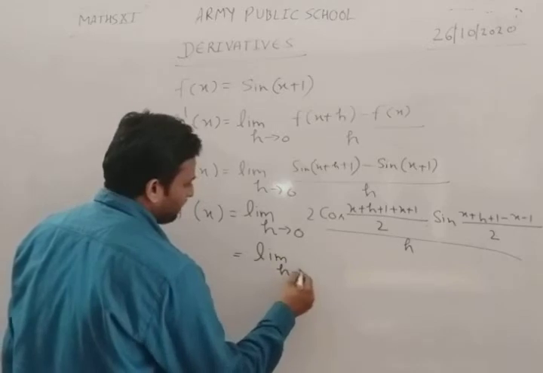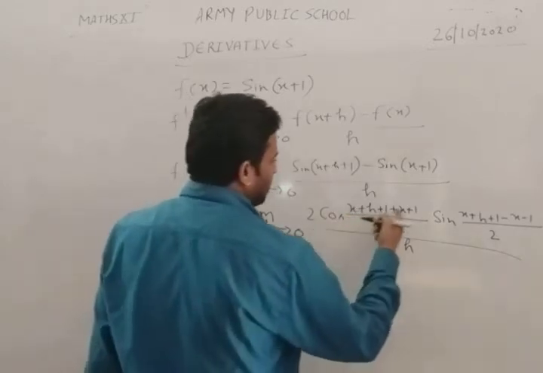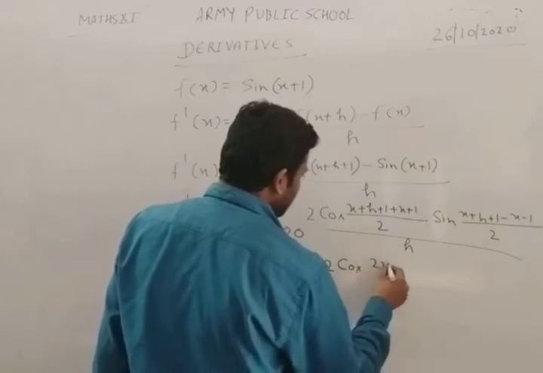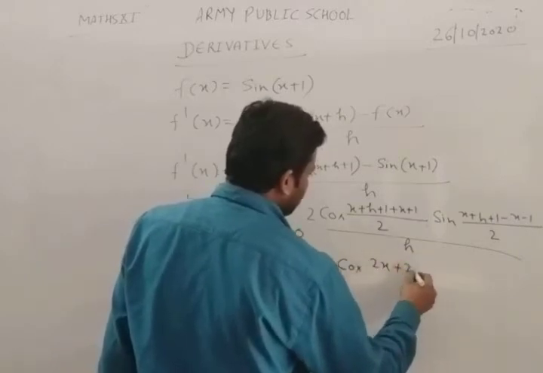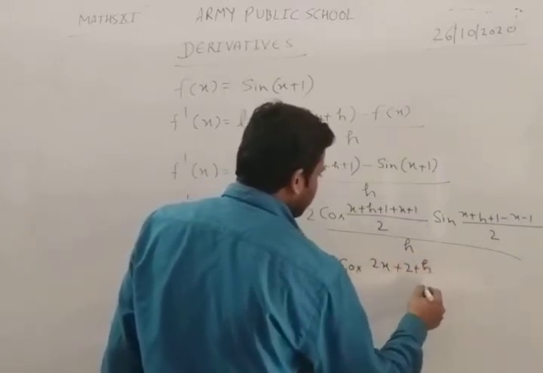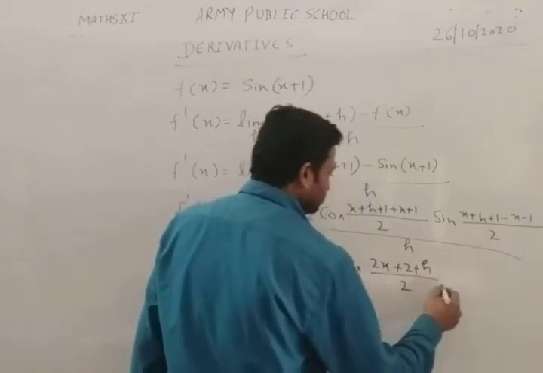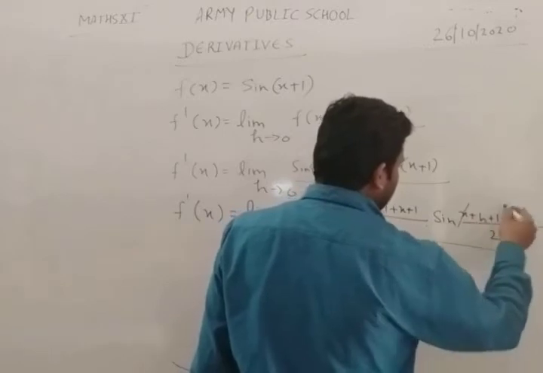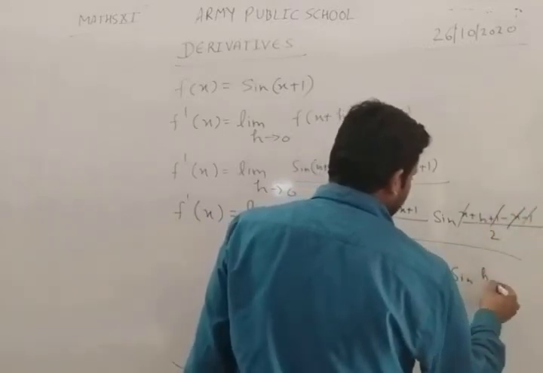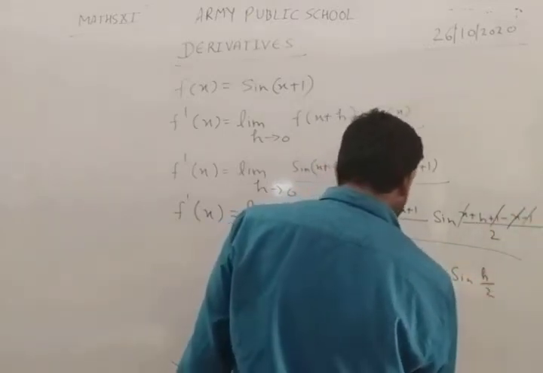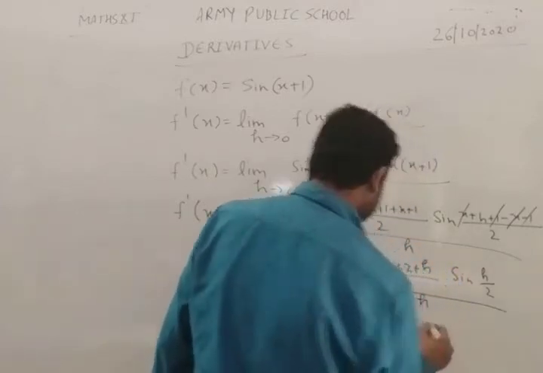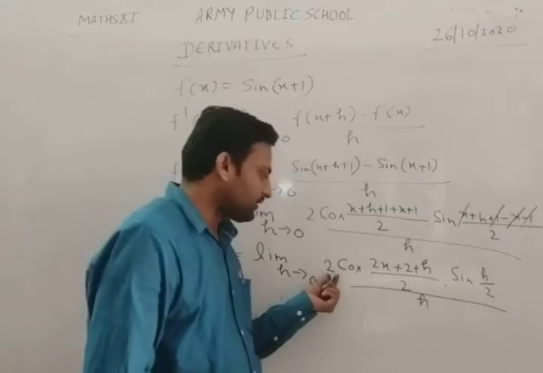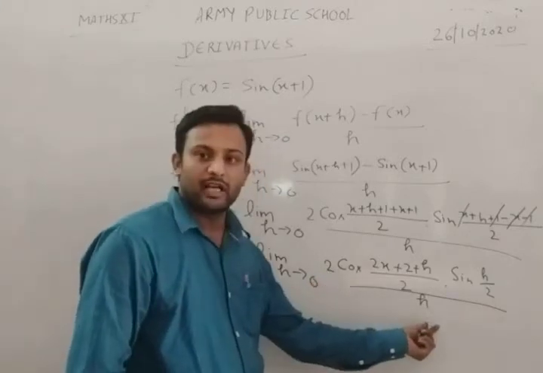After simplifying, we get x and x is 2x, so 2 cos((2x + 2 + h)/2) into sin(h/2). The x cancels, 1 and 1 cancel, this is h/2, divided by h. Now what will we do? We will take this 2 to the denominator of h.